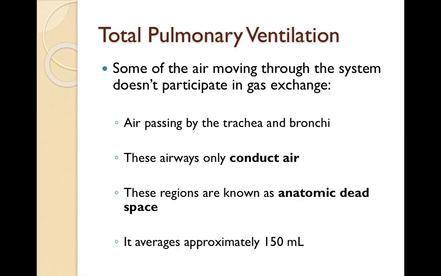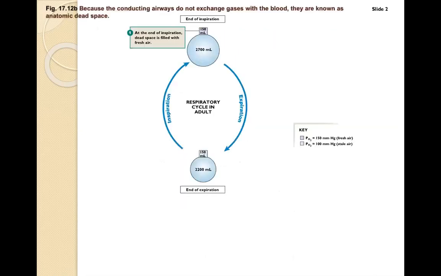It's just sitting there until we exhale. So that area where air's going in but staying in the larger tubes until it's exhaled, that's referred to as anatomic dead space. And it averages about 150 mils per breath. That's how much is in the airways that don't conduct any gas exchange whatsoever.